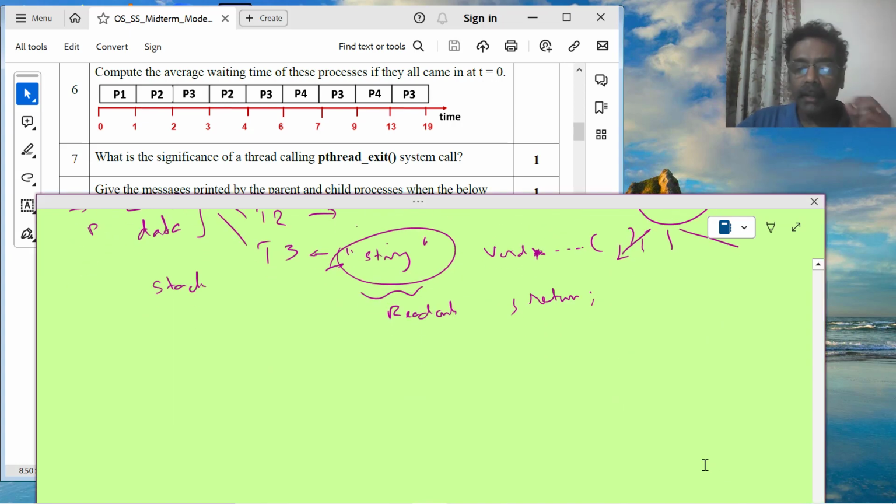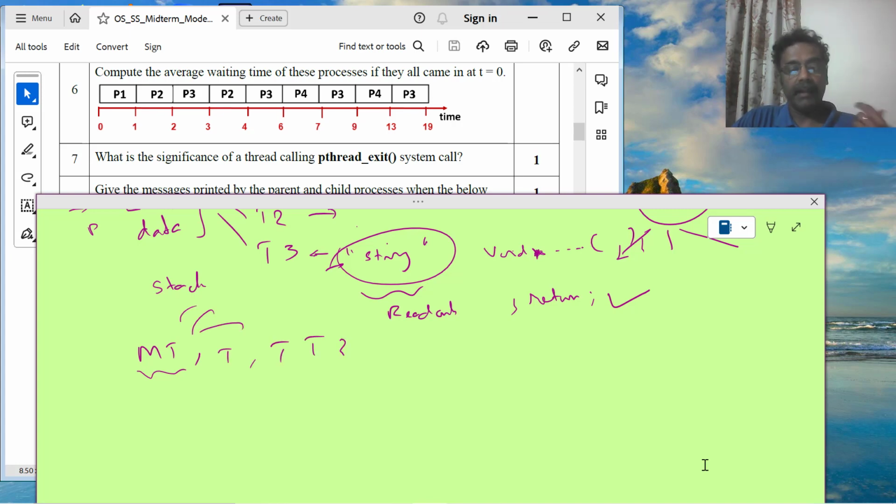So if a thread function returns, it is terminating without informing the pthread library. I am going to call the process that initially creates and spins off a lot of threads the main thread.